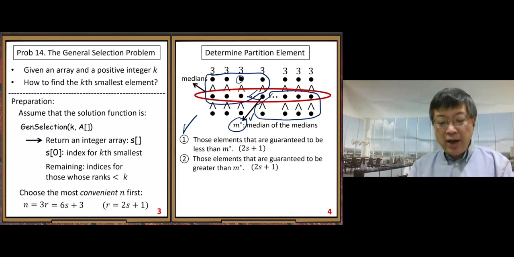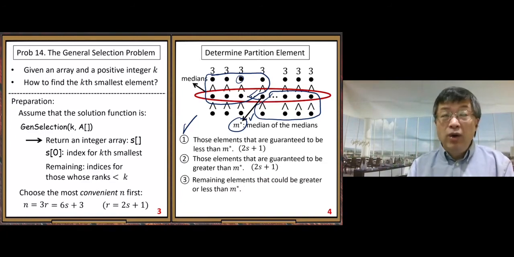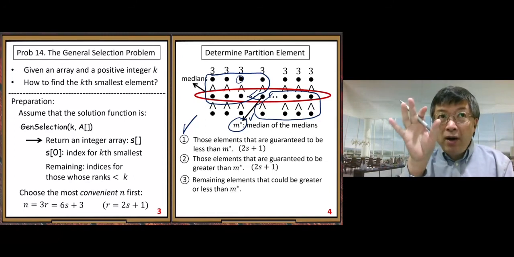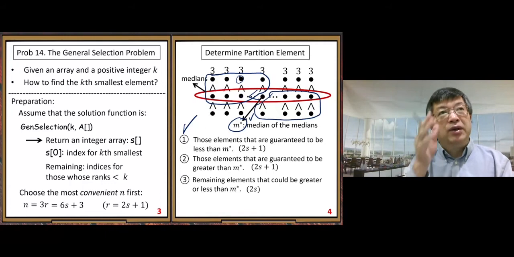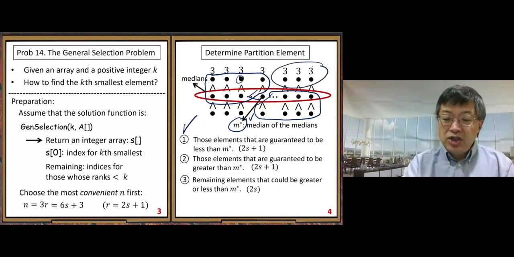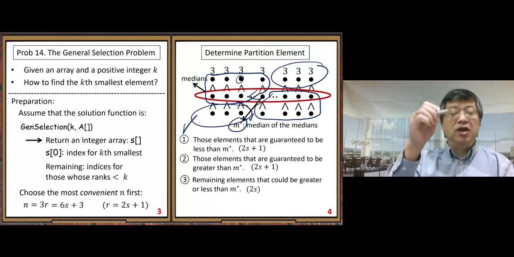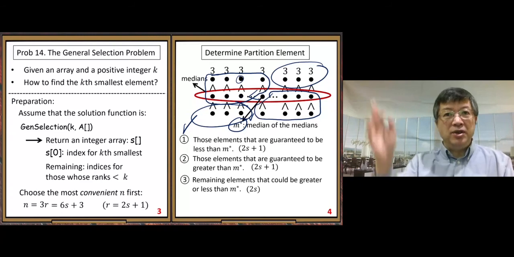The remaining elements could be greater or less than M star, we don't know. We will find that part out later. But we know there are s elements here and s elements here, adding together 2s elements.